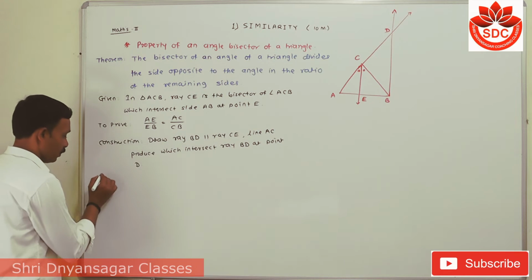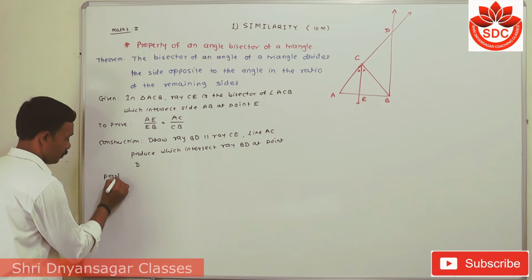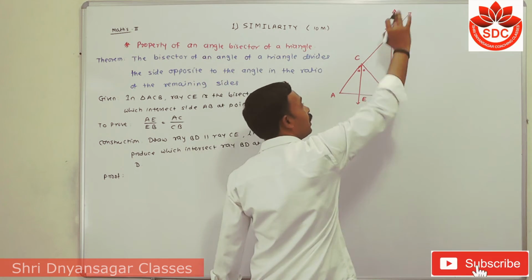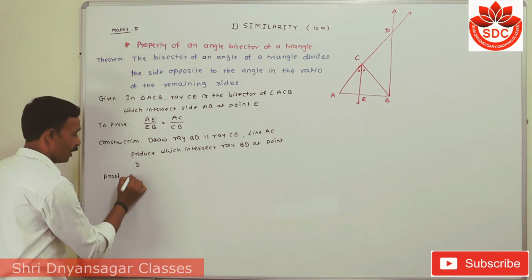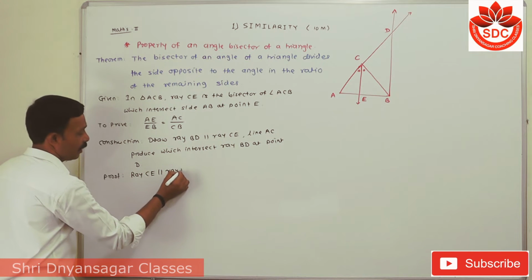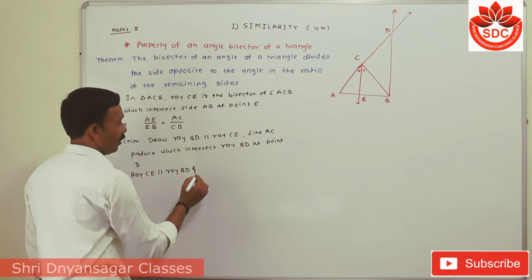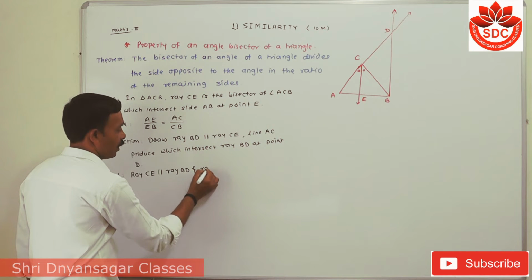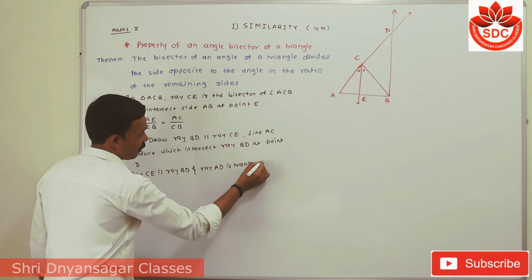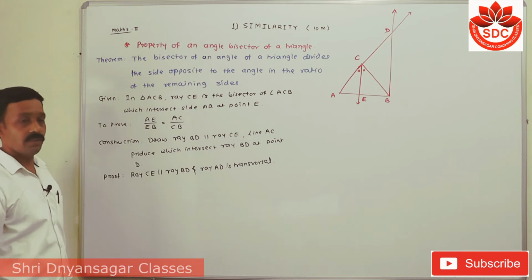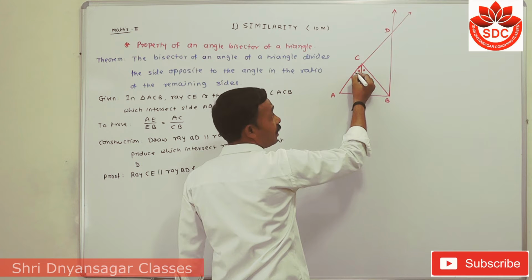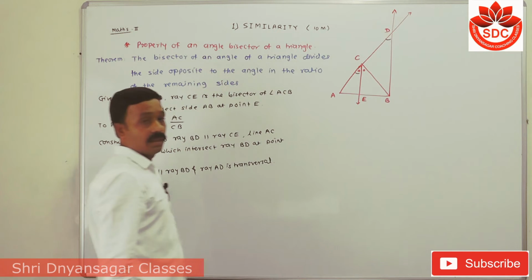Then we take its proof. First I will take that these two lines are parallel and this is the transversal. So I have to write here: ray CE is parallel with ray BD and ray AD is transversal. Then look carefully, if this is the transversal, then this angle and this angle are congruent.